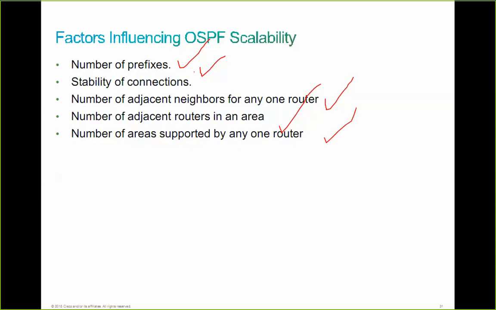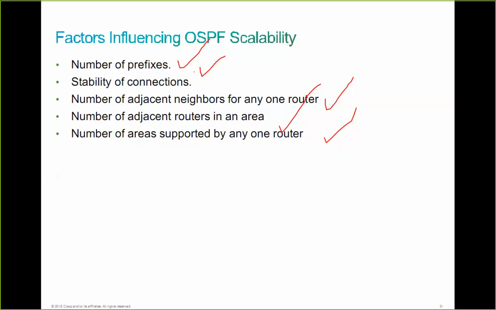All right? Now, that being said, that means that, as an example, an ABR, which is a member of at least two areas, the backbone area and then some other adjacent area, is going to be more affected by link state changes and having to run the link state algorithm. All right?